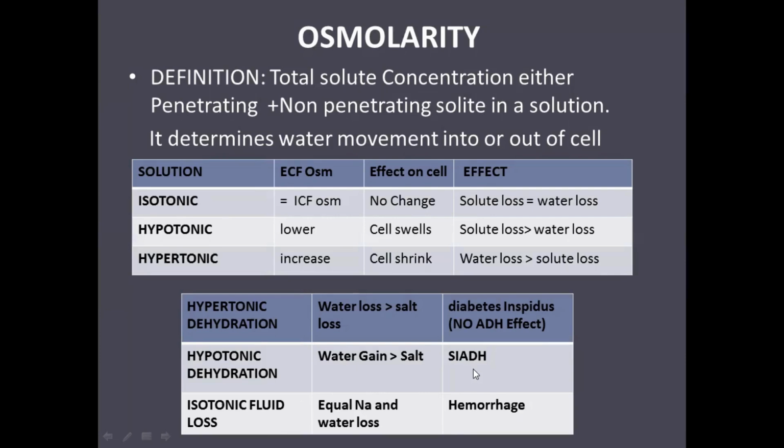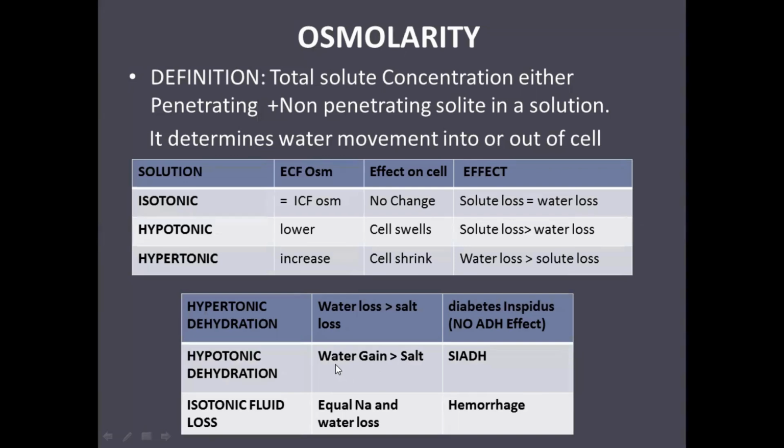It will reabsorb a lot of water. The solute concentration in your blood is the same, but now more and more water is being added to your plasma. So what will happen? The solute concentration, which is normal, but now due to the excessive volume, the osmolarity decreases, which results in hypotonicity.